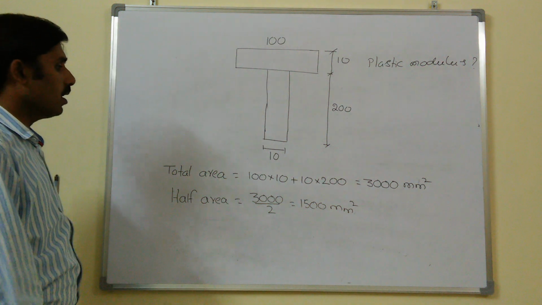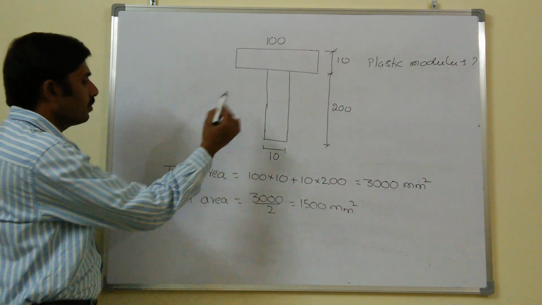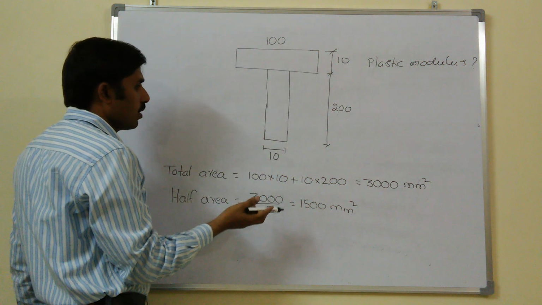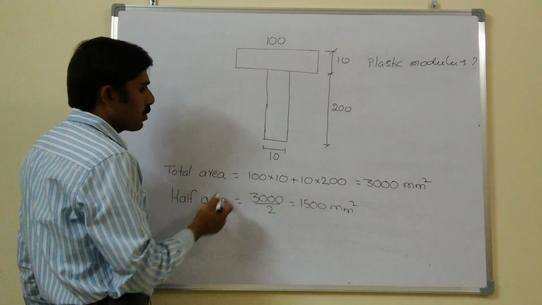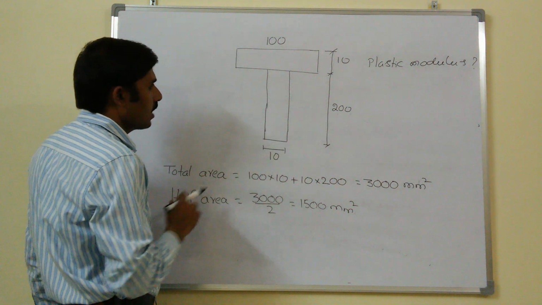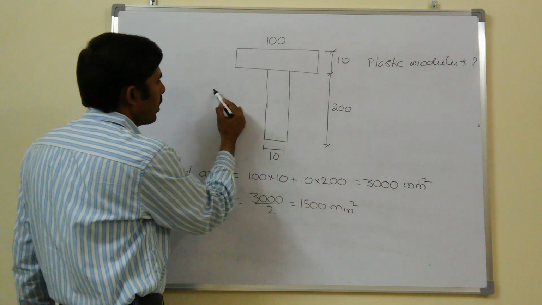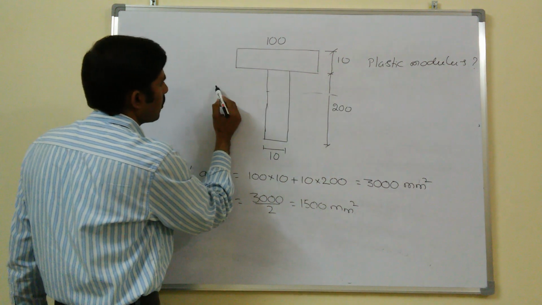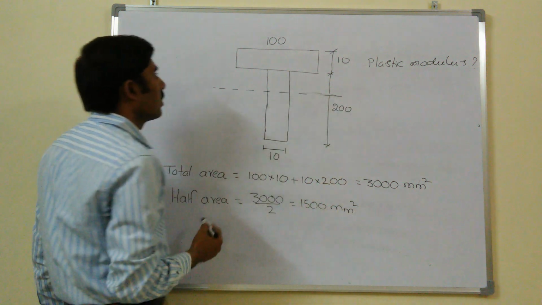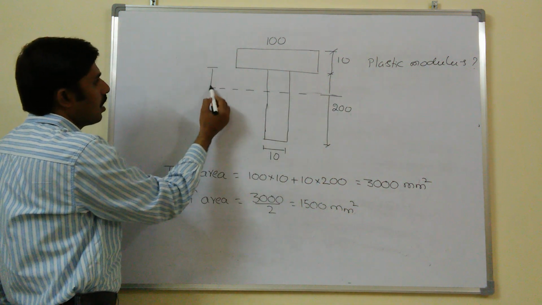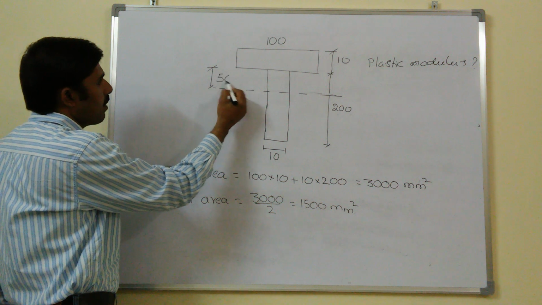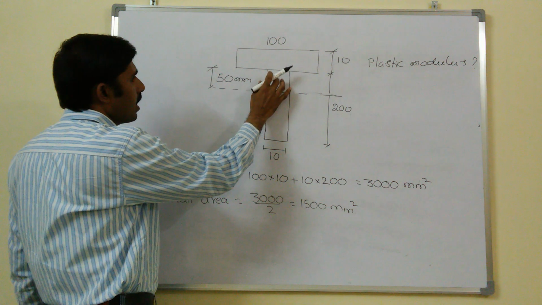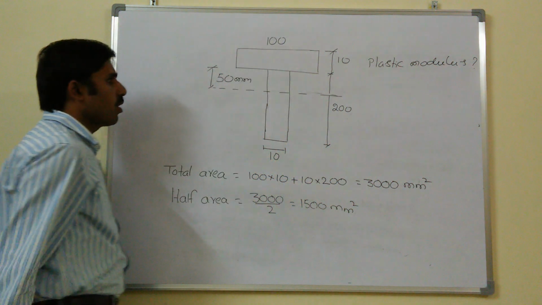Now where will the equilibrium axis come? See, this flange is 100 into 10, which is 1000, so we need another 500 mm square. That means with the width 10, if it is 50 mm, then 50 into 10, this area will be 500 and the flange area will be 1000.